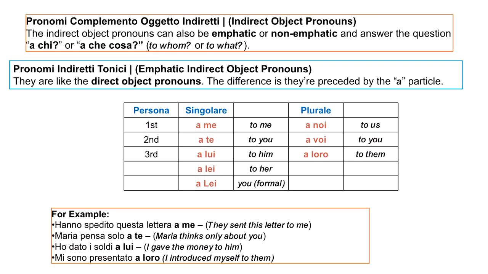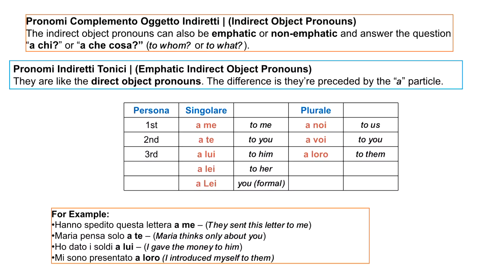The indirect object pronouns can also be, like the previous ones, emphatic and non-emphatic. Now these, however, answer different questions. They answer the questions a chi or a che cosa, which translates into to whom or to what.